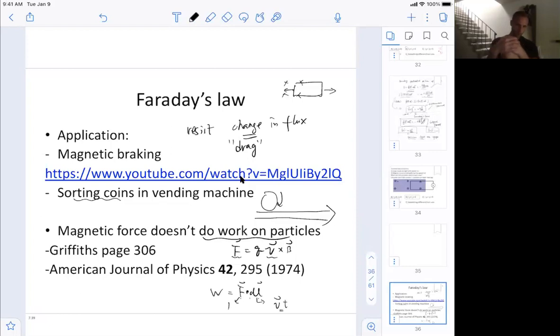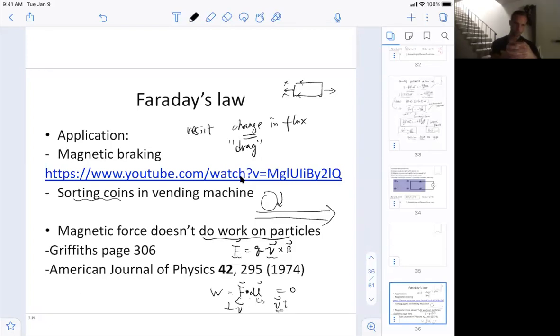So if F is perpendicular to v and dl is in the same direction, the dot product is going to be 0. Magnetic force doesn't do work on individual particles. So we have already established that. But obviously you can see by slowing things down, the magnetic force can do work in general on these objects.